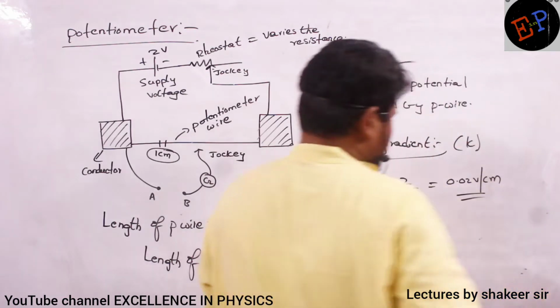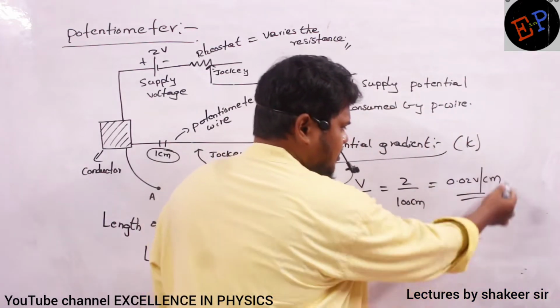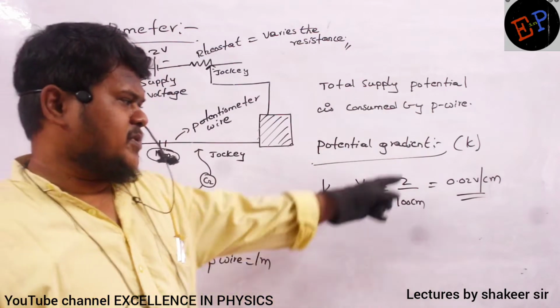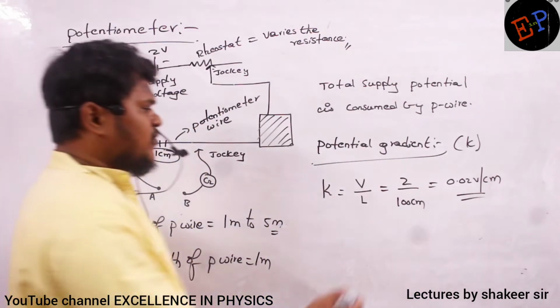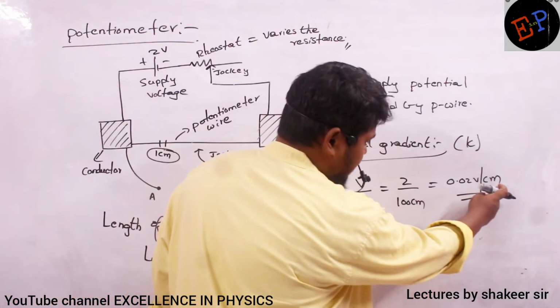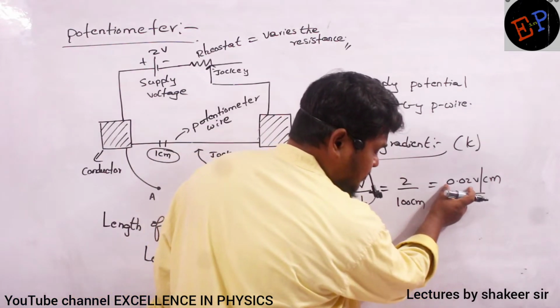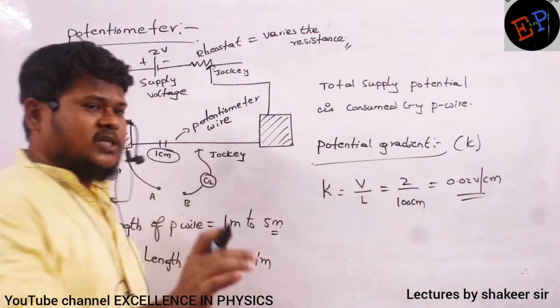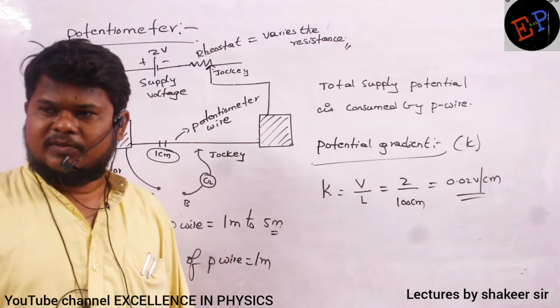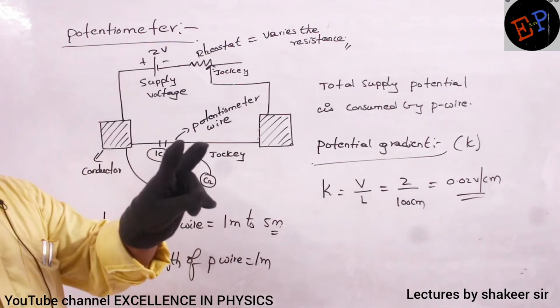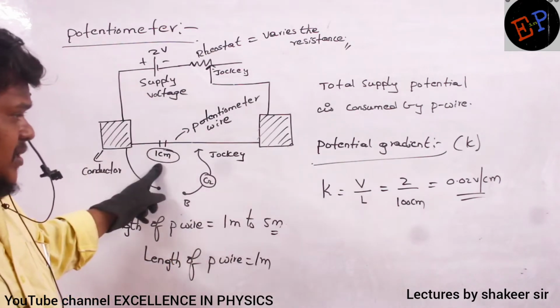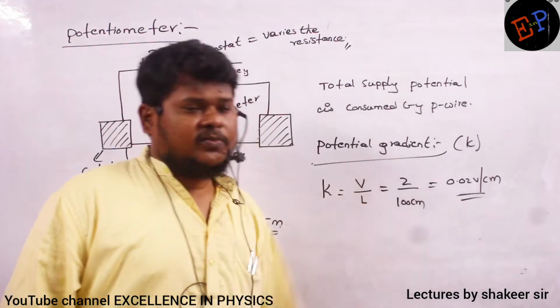So what do you understand by this figure? What is meant by 0.02 volts per centimeter? For 1 centimeter of the wire, how much potential is consumed? 0.02. That is the meaning. For the total 1 meter length, potential consumed is 2 volts, but for 1 centimeter of wire, potential consumed is 0.02.